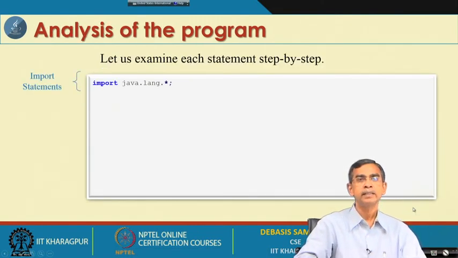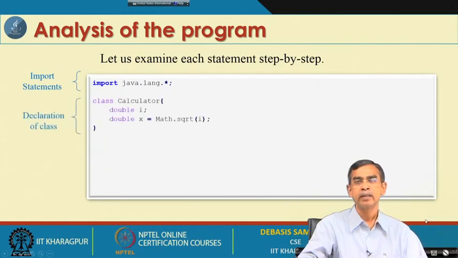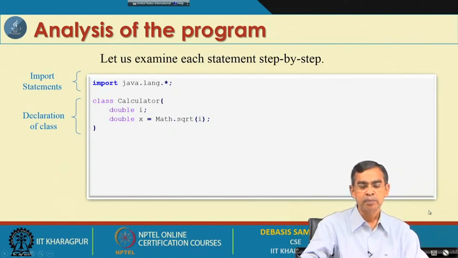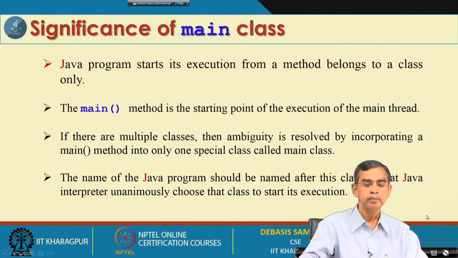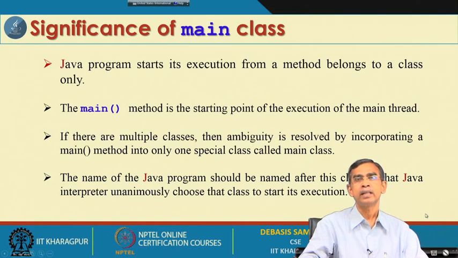Now, a few things, as I already told you: import is required, because we want to use some classes and some methods in them. So, we have to use the import of lang here, and this is the main class which includes the main method. The main method is a very important concept in Java.